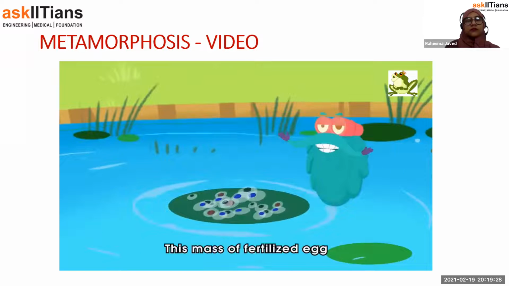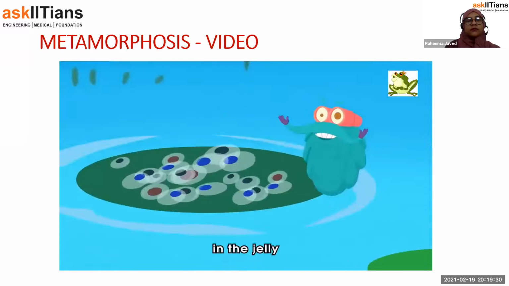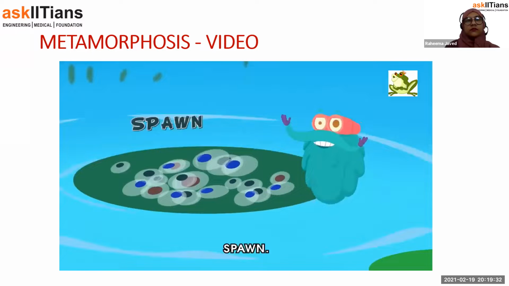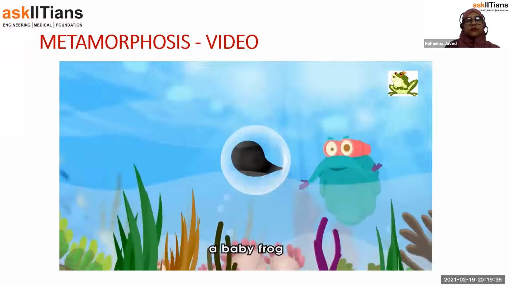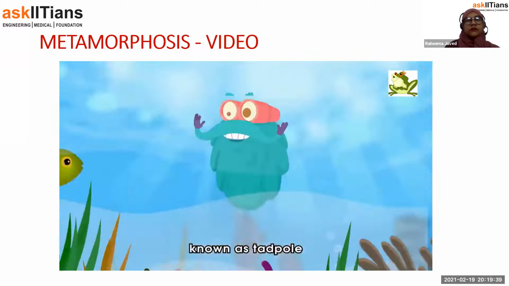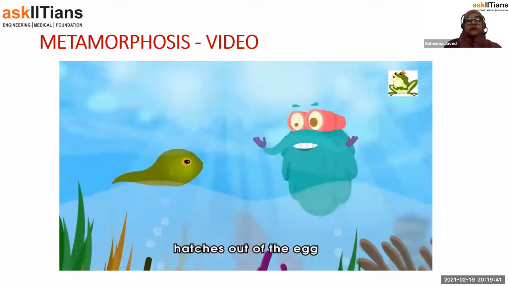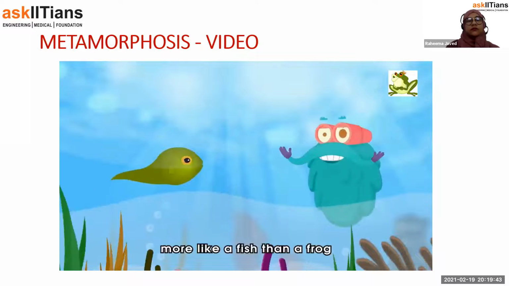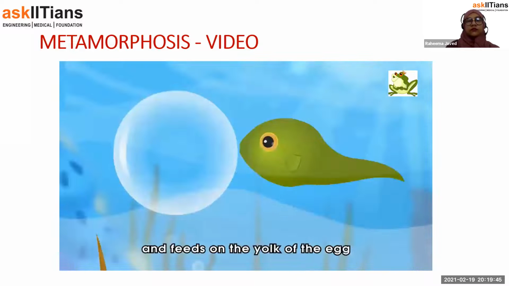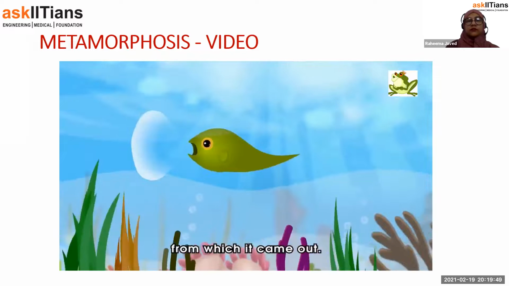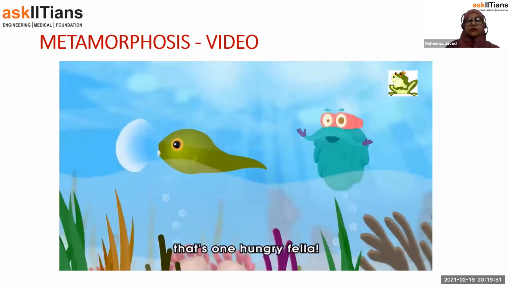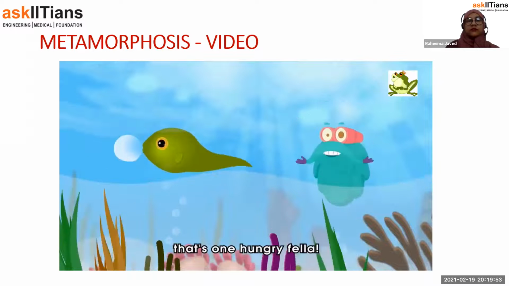This mass of fertilized eggs in the jelly is known as spawn. After a few days, a baby frog known as a tadpole hatches out of the egg, looking more like a fish than a frog, and feeds on the yolk of the egg from which it came out. Well, that's one hungry fella.